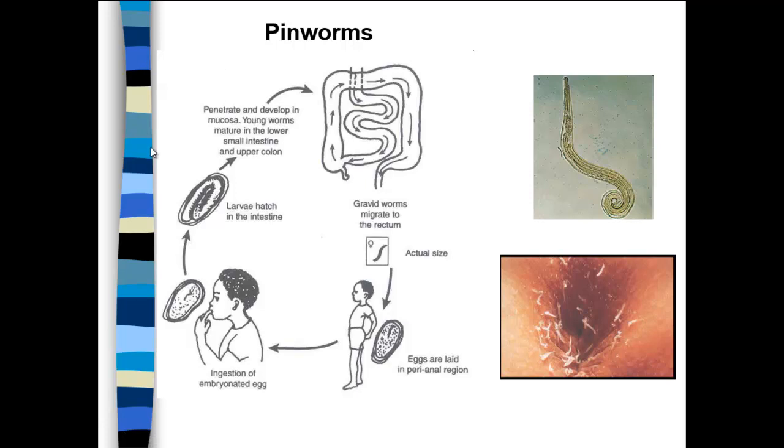They penetrate the intestinal mucosa, and when they penetrate the intestinal mucosa, they encounter all these polysaccharides and proteins that are super yummy, and they mature in the small intestines, in the upper colon. They mate in the colon in small intestines, and then pregnant worms, this says gravid worms, gravid is just the same thing as pregnant, migrate to the rectum, and then they lay their eggs in the perianal region. And here are some gravid worms, and they are just laying their eggs there.